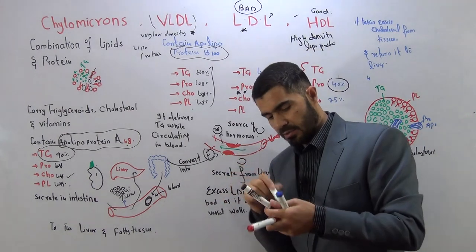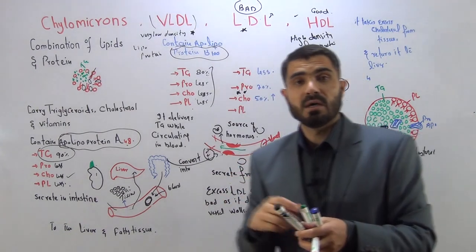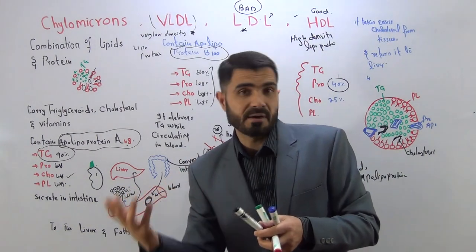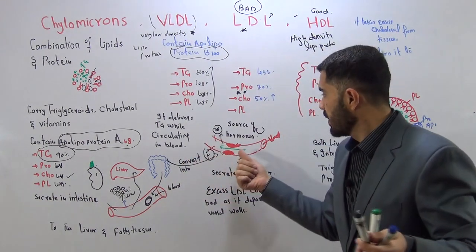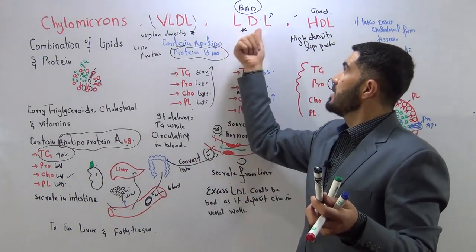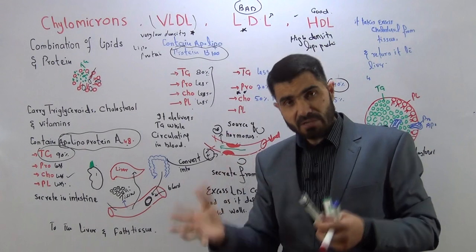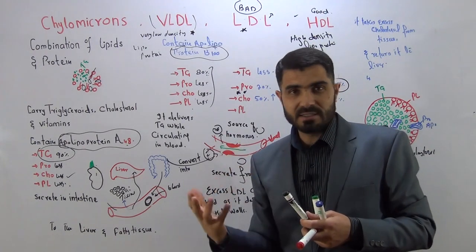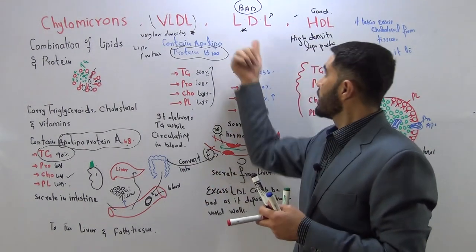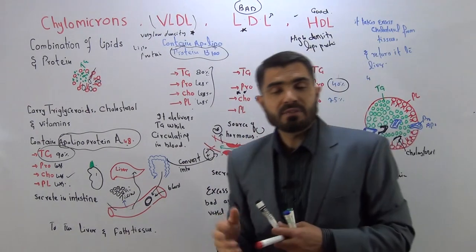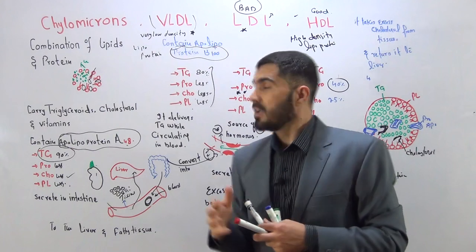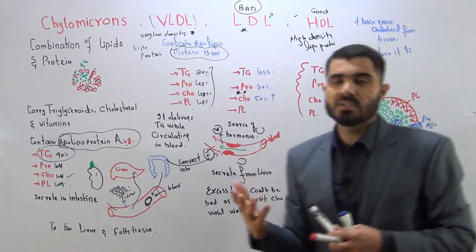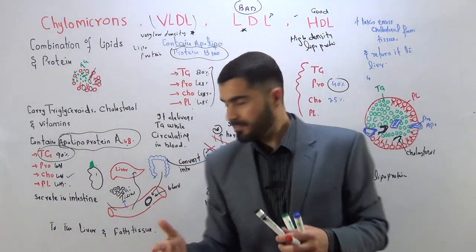So this condition may lead to cardiovascular disease, heart attack, and so many other diseases. So that is why LDL is very bad. When you take a lipid profile test, in that test we see whether LDL is high or low. If the LDL is low, it is a good sign. If the LDL is high, it is a bad sign.